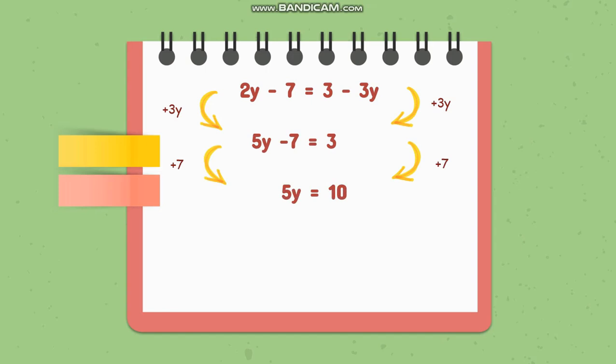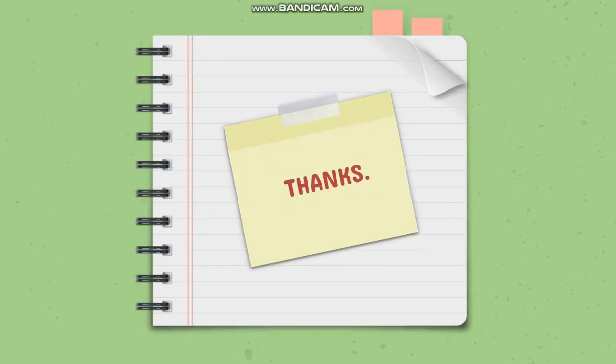And then lastly, we can just divide both sides by 5 to find that y is 2. Okay, we think it's enough for an explanation of algebra.